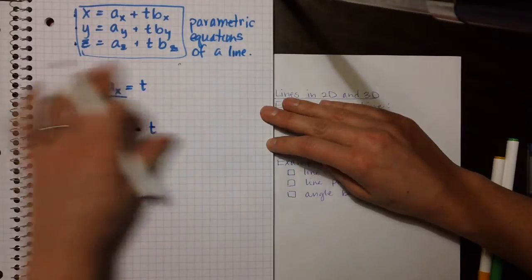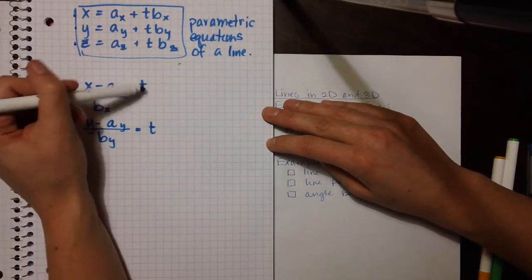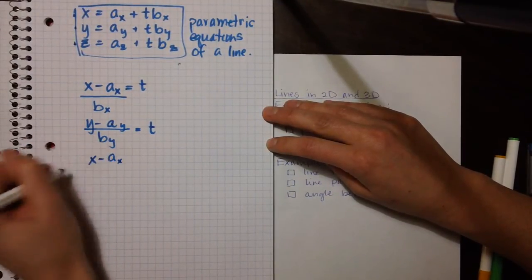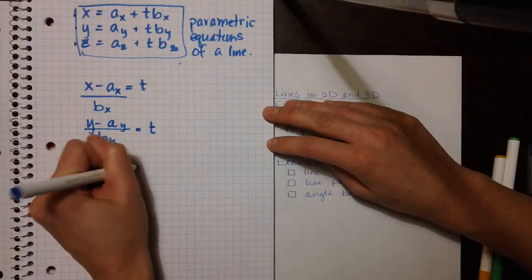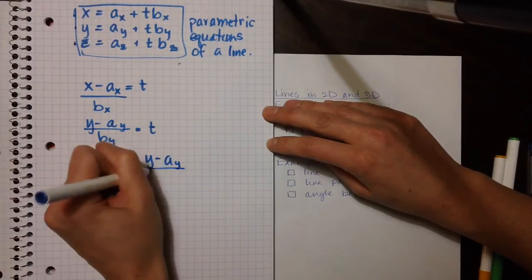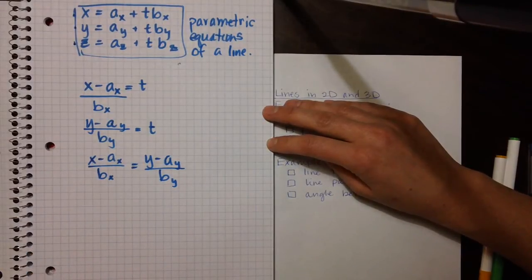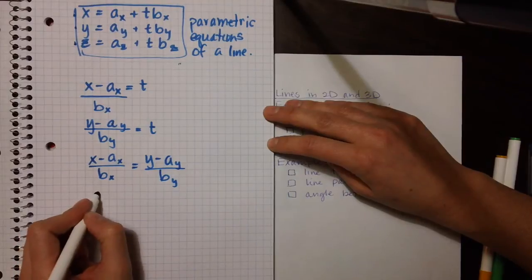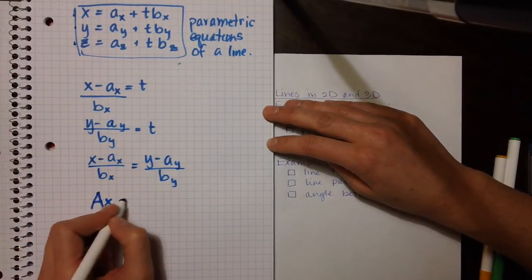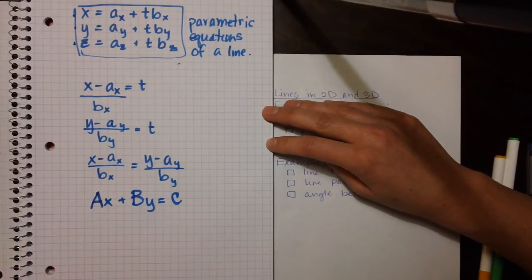So for a line in 2 dimensions, I can get the Cartesian form of the equation by setting t equal to t, and I'll have x minus a sub x over b sub x is equal to y minus a sub y over b sub y. If I rearrange this equation, I can get it into the standard form, which is some coefficient a x plus some coefficient b y equals c, right?